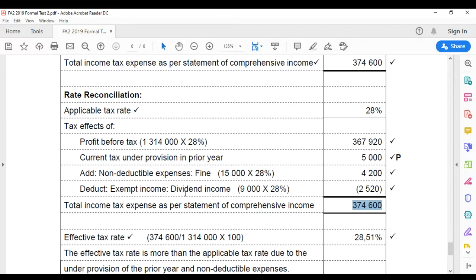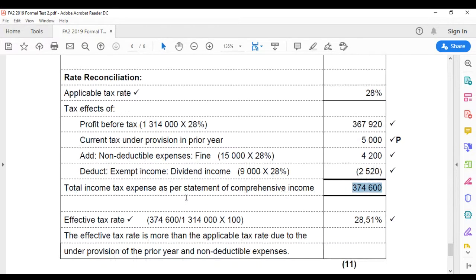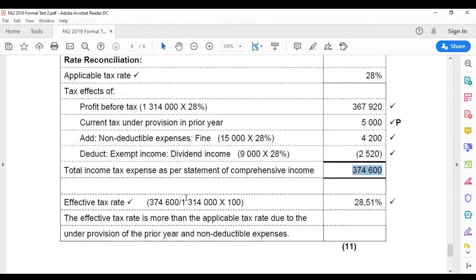So if we do not provide them with a reason why that is not exactly 28%, they don't know. More than 28%, they will say, well, this accountant is stupid. They're paying a higher rate of tax than they're supposed to. Or if they calculate it and they say it's less than 28%, they will say that accountant is a scallywag. That accountant cheats.